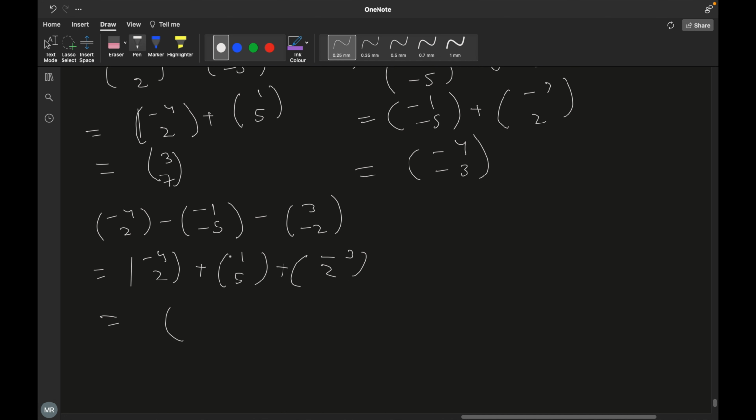Is going to be negative 3, so negative 6. 2 plus 5 plus 2 would be 9.